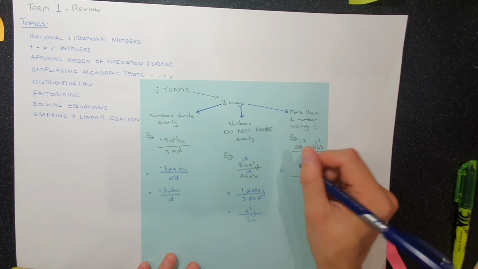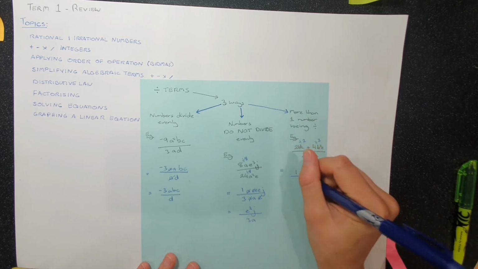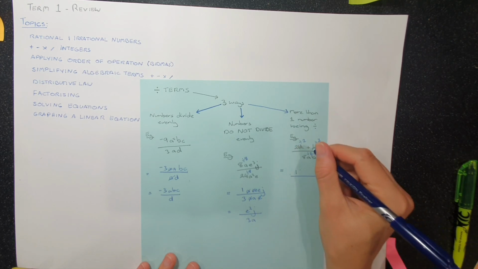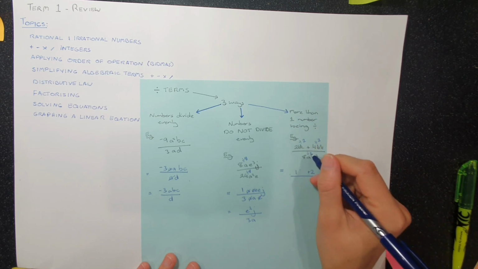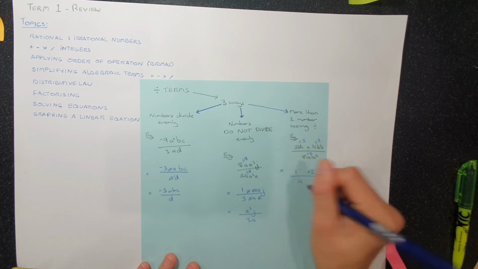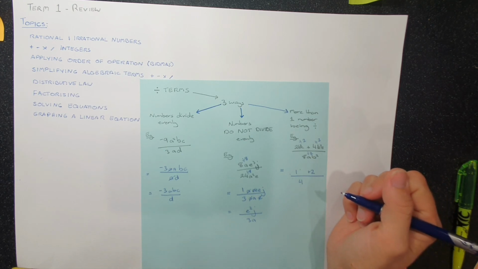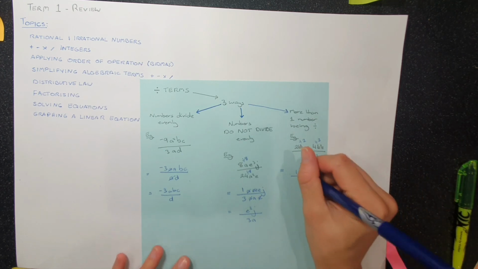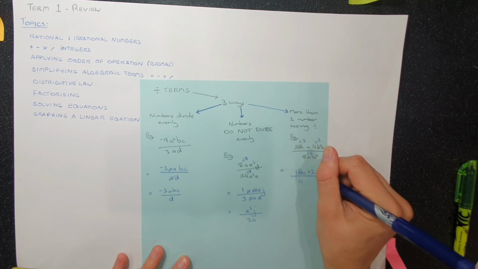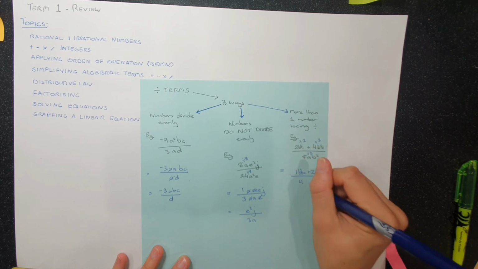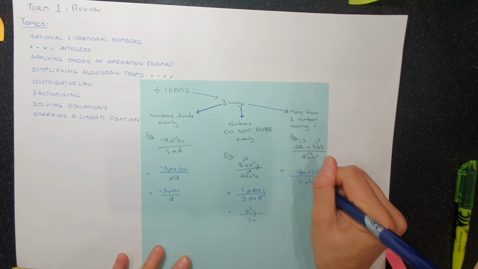So 2 divided by 2 is 1. +4 divided by 2 is +2. And 8 divided by 2 is 4. After that, I expand all my letters again. So I've got B, B, C, B, B, E, and A, B, B.